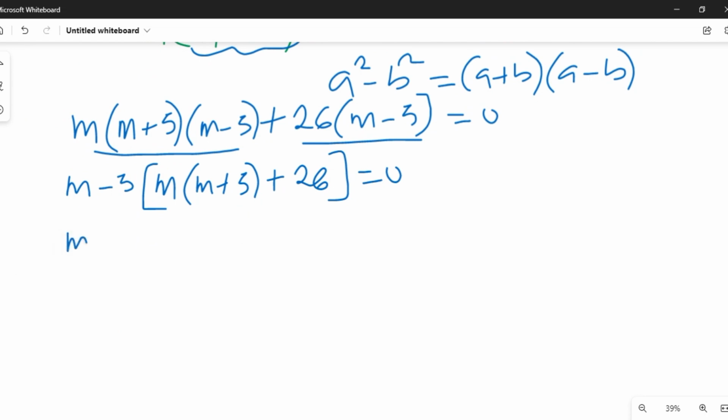We'll have m minus 5 in brackets. This multiplied by this will give us m square. M times 5 will give us plus 5m plus 26, and this will be equal to 0.